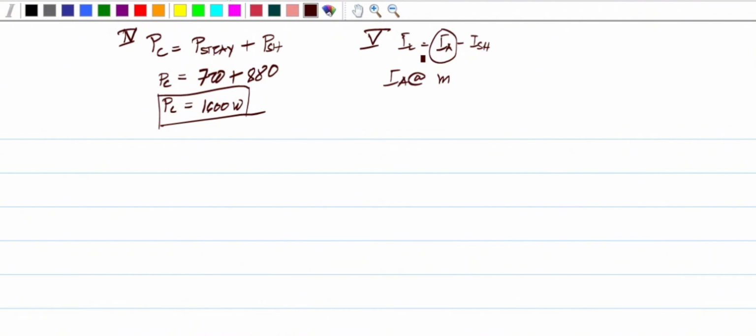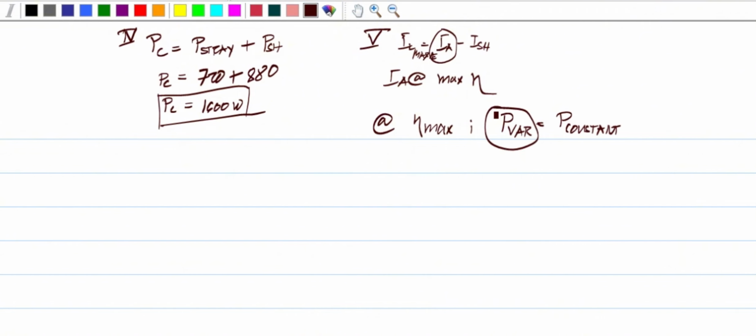IL at maximum efficiency. At maximum efficiency, under this condition, P variable, or the variable losses, is equal to P constant.